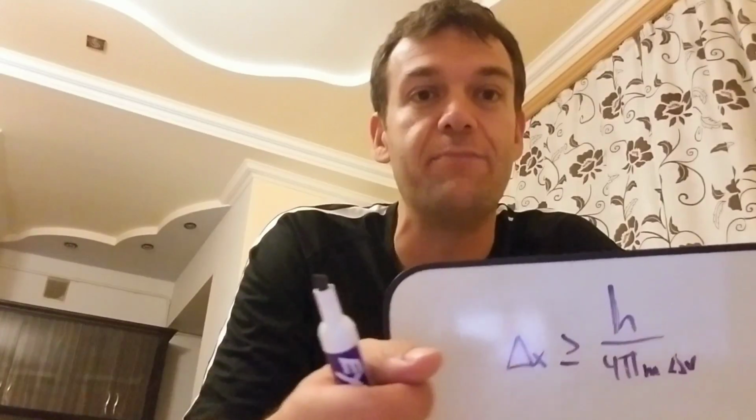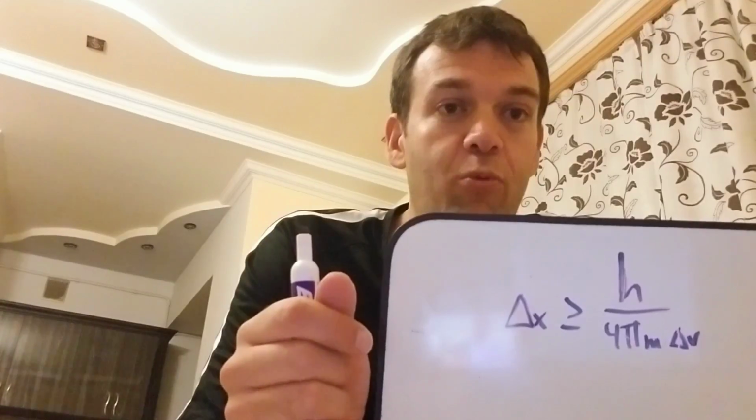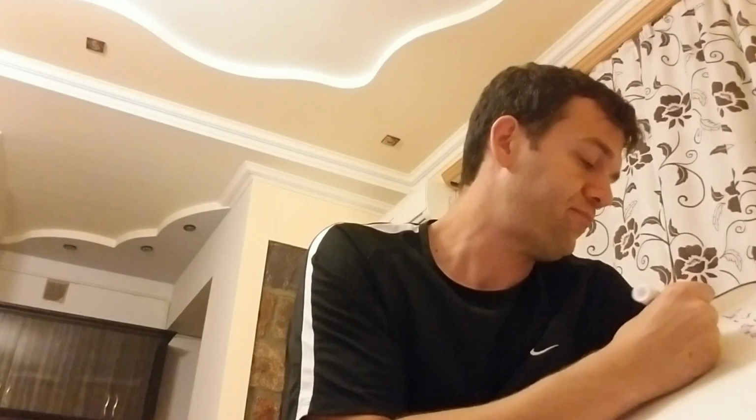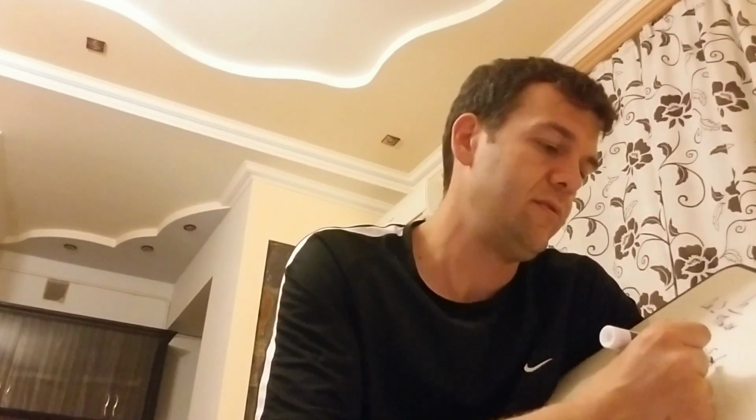So it says practice. Calculate the uncertainty in the position of an electron moving at a speed of 3 plus or minus 0.01 times 10 to the 5th meters per second. And they tell you that the mass of an electron is 9.11 times 10 to the negative 31st kilograms.